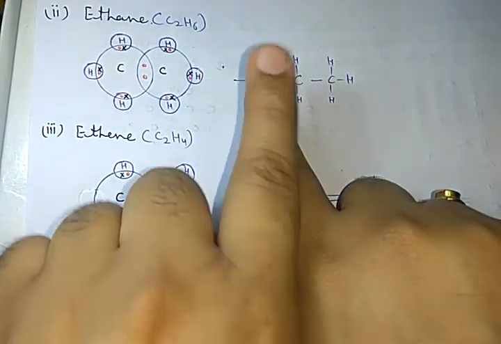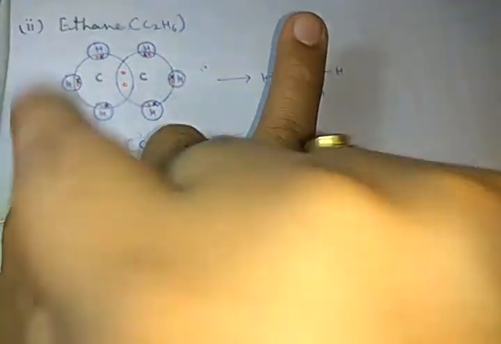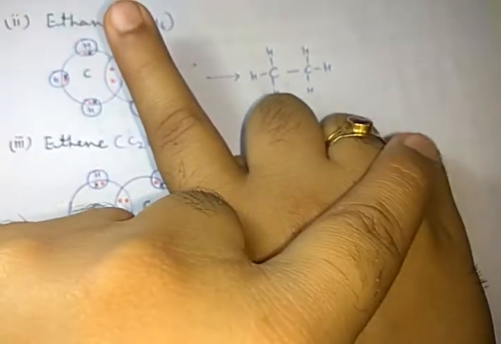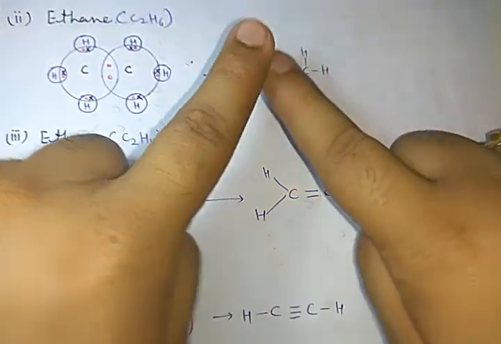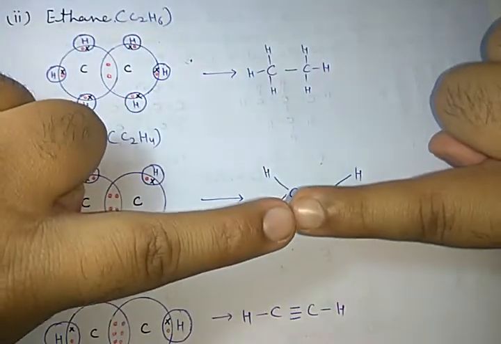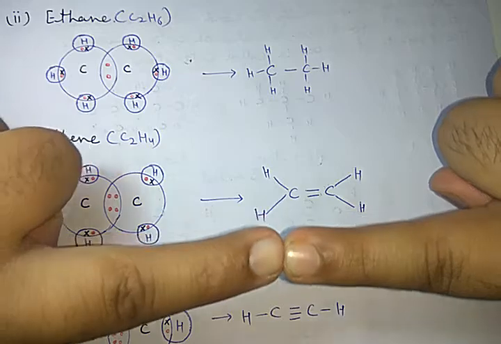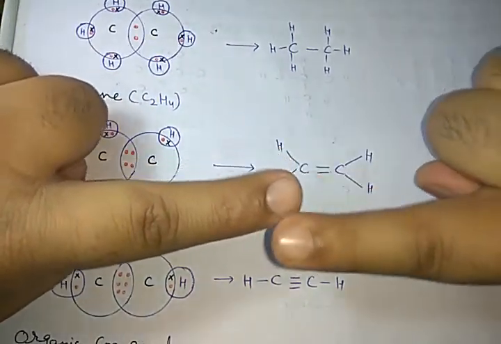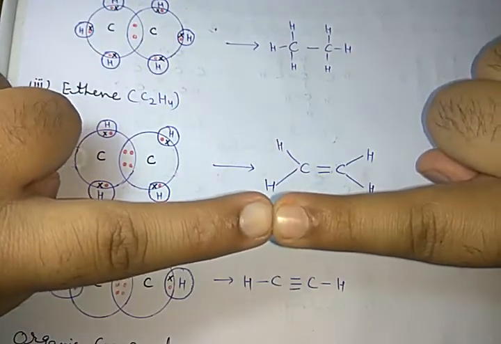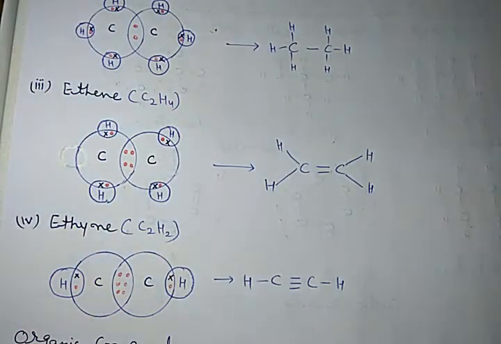Now 6 hydrogens, 1 2 3, 1 2 3, these are satisfied, these are combined with carbon. Now both carbons have one valency, which they can use to make a single bond between them. Got it? So in this way we can identify how the valencies will be satisfied and how many bonds will be formed between the carbon atoms.